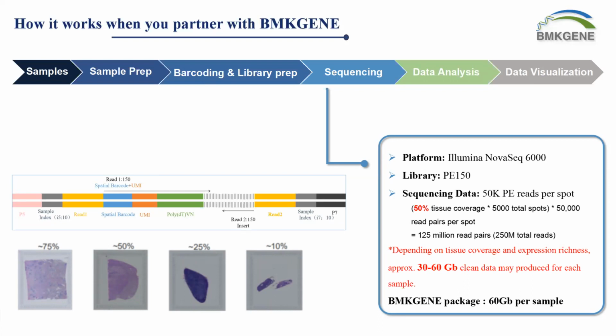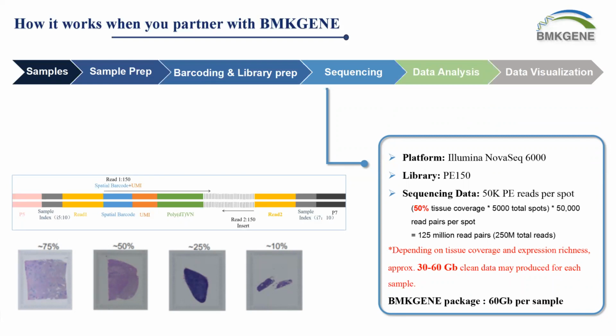Thinking of the coverage of the tissue on the chip, which can be a little bit different, the final data can be around 30 to 60 gigabase of clean data for each single capture area. In our service workflow, we normally recommend a 60 gigabase data package per sample.